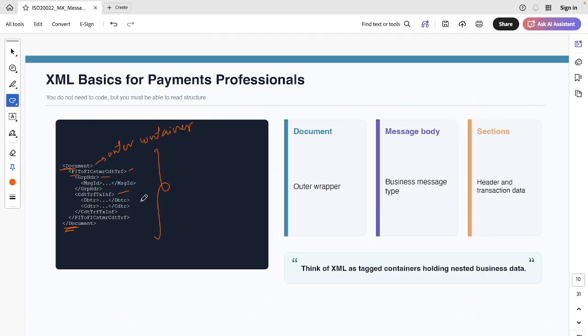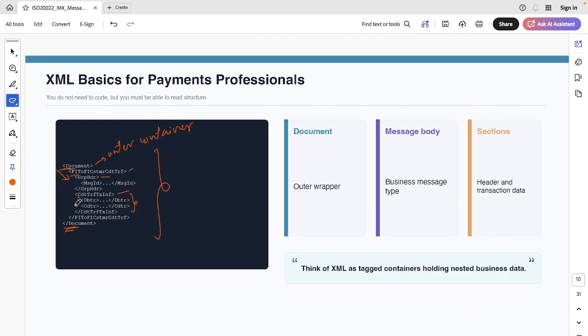Nested tags show your hierarchy. For example, the debtor information may contain name and account. The agent may contain financial institution identification such as BIC.